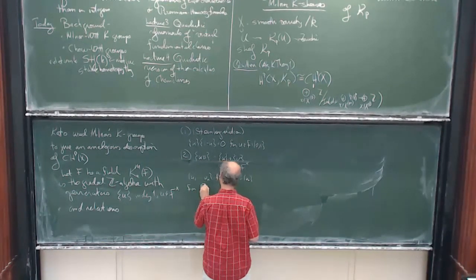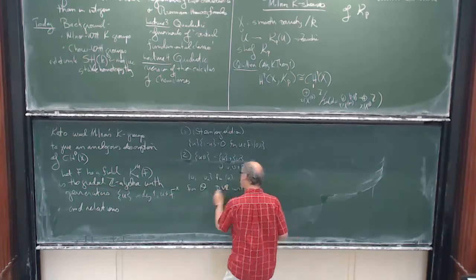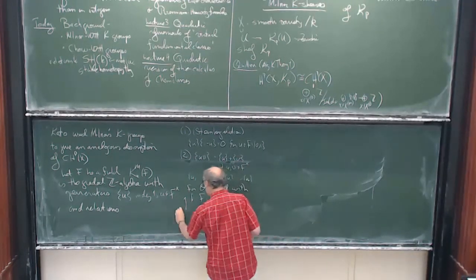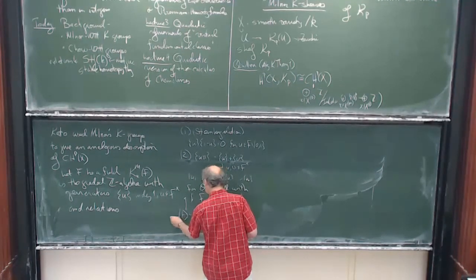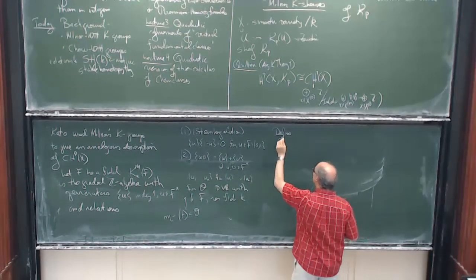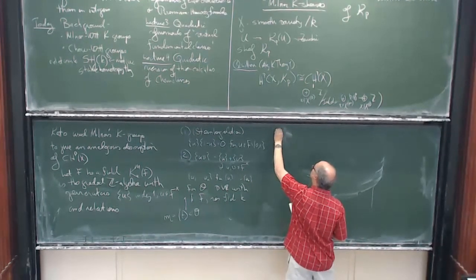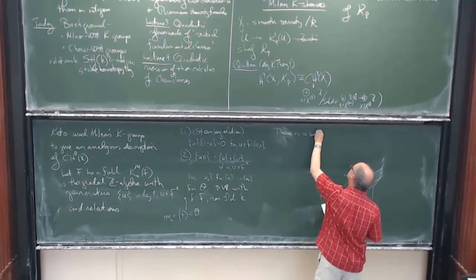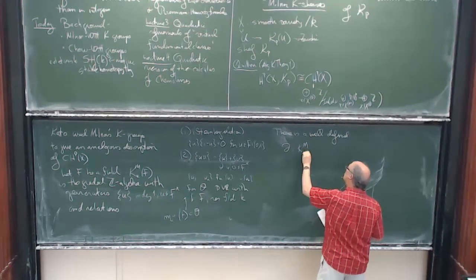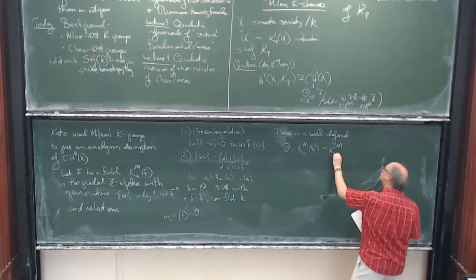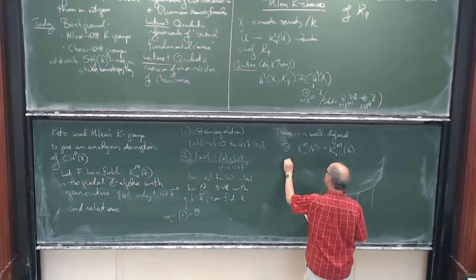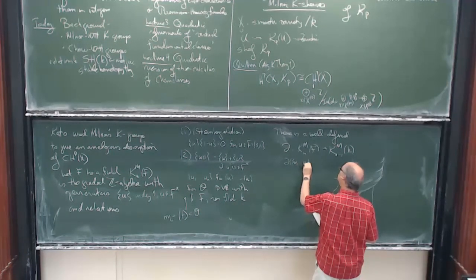So for O a discrete valuation ring with quotient field F, residue field k, and let's say we choose a parameter t to give the maximal ideal, then there is a well-defined map from Milnor K_n of F to Milnor K_{n-1} of the residue field, which is just characterized by the property that if you have n units, this is 0.